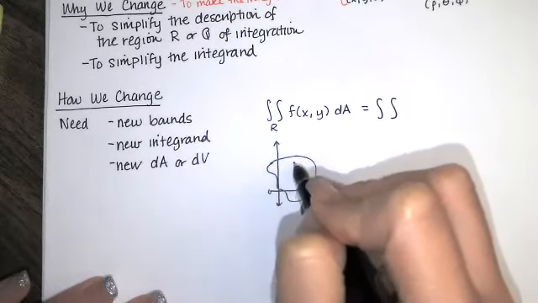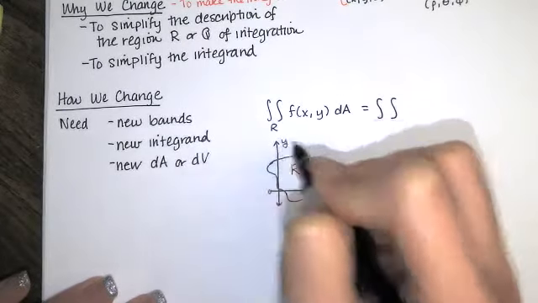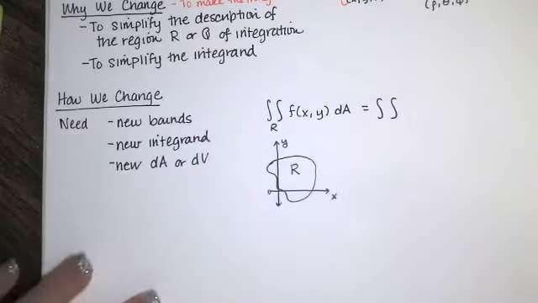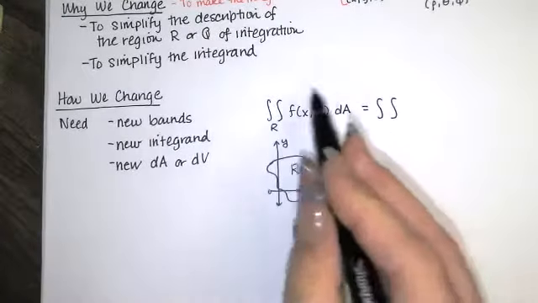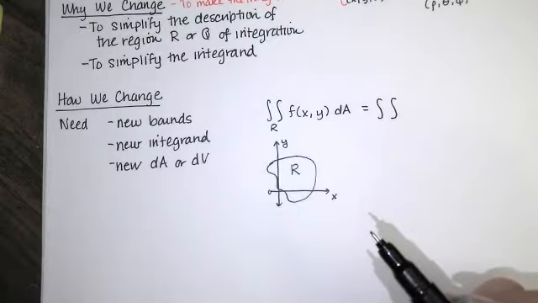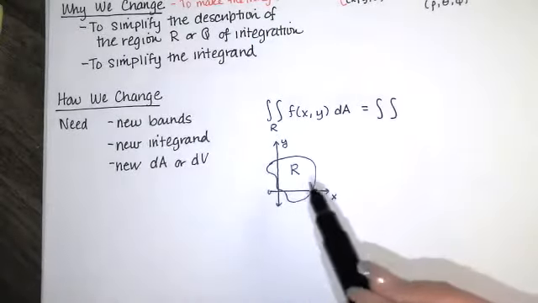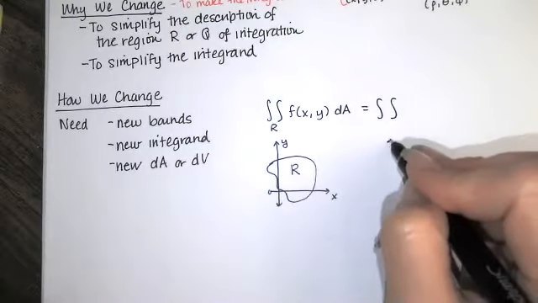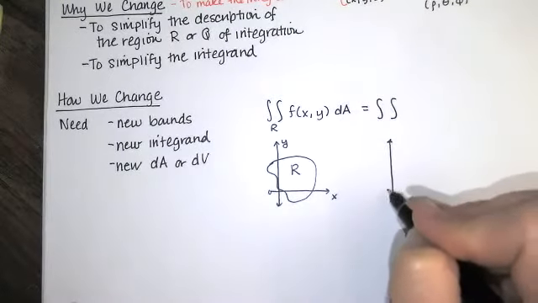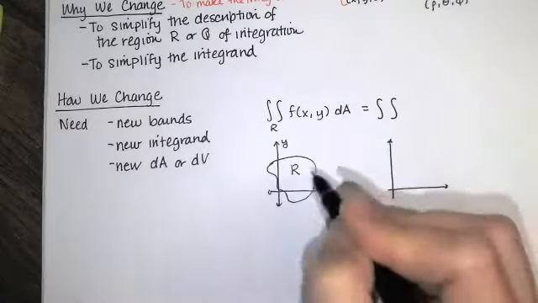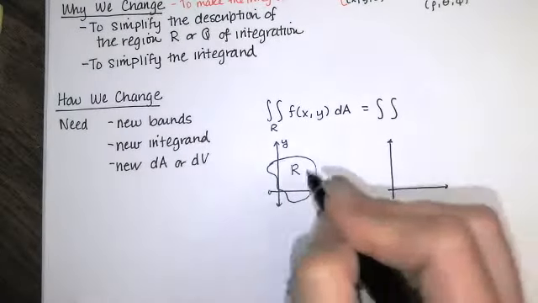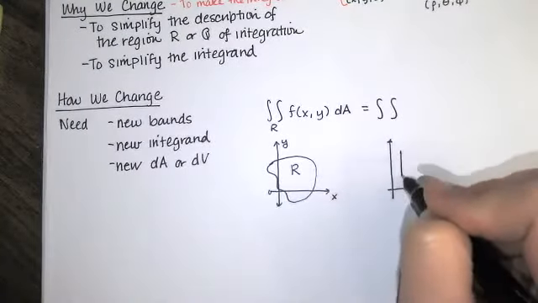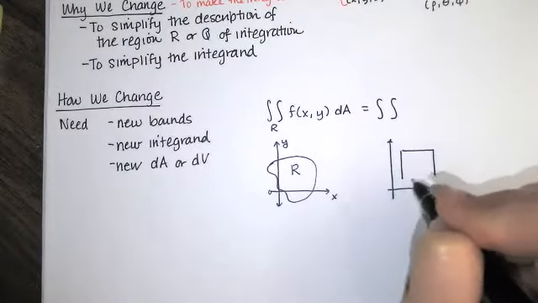Maybe this is R. And you're integrating over it. And that's going to give you the value of that integral. Well, instead of integrating over R, there might be a transformation out there, T, that allows you to take this region R, which looks complicated, and maybe change it into something less complicated.